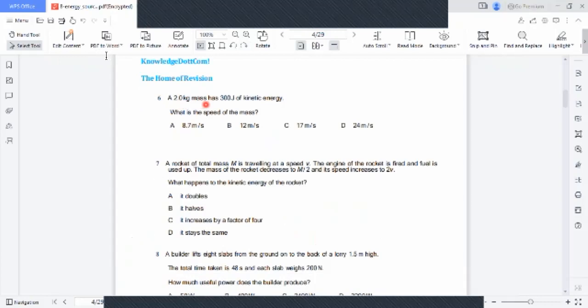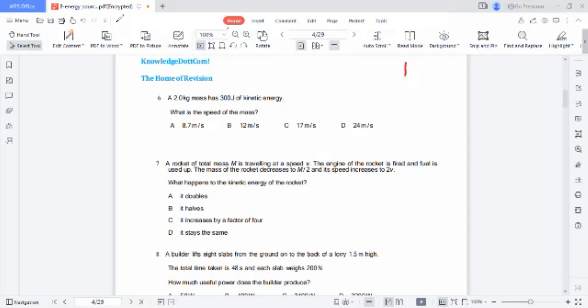A 2 kg mass has 300 joules of kinetic energy. So mass is 2 kg, kinetic energy is 300 joules. What is the speed of the mass? So we can use kinetic energy is half mv square.